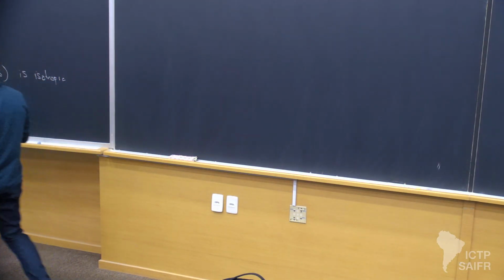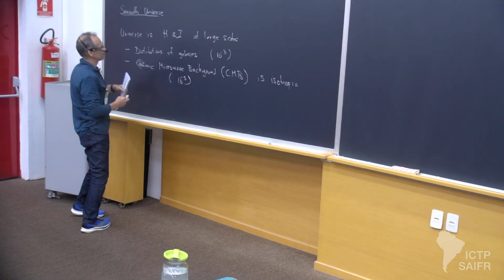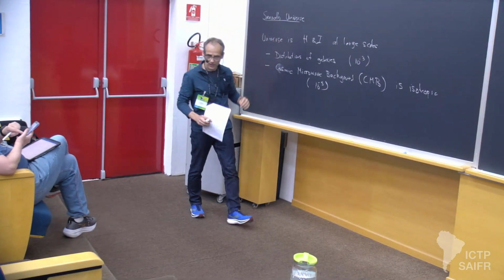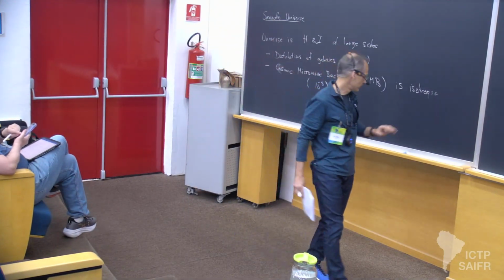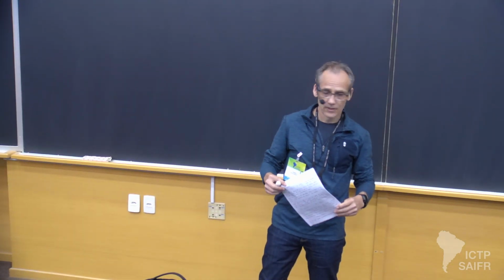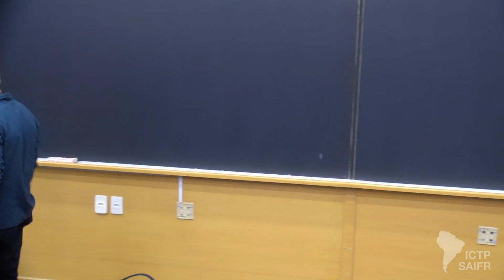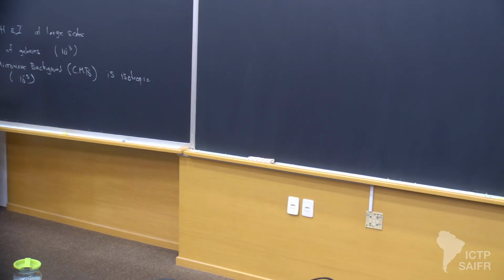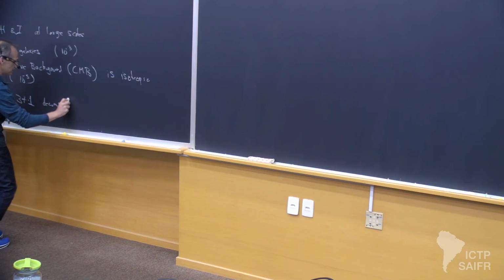Now, what does this mean? Of course, the description of the universe as a physical system is done through general relativity. So these observational results carry over to general relativity as a description where we are going to have a 3+1 decomposition of the metric: 3 spatial dimensions and 1 time.